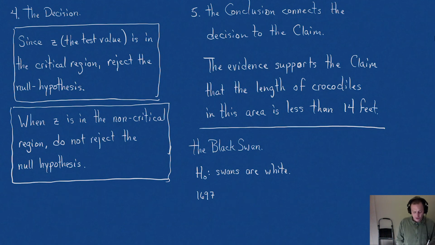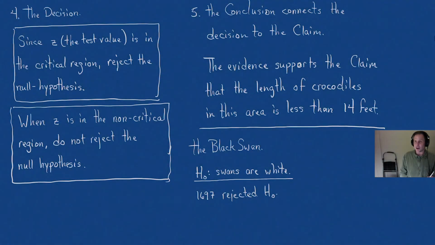And so all those years, all of our evidence, all of our observations had supported our null hypothesis. But then when we got new information, all of a sudden we found out that, wait, now we can reject. So in 1697, we rejected the null hypothesis that swans are white. In fact, we found out swans can also be black.